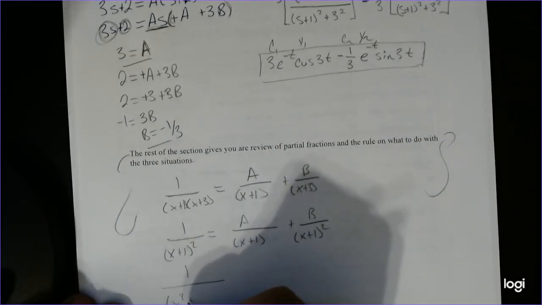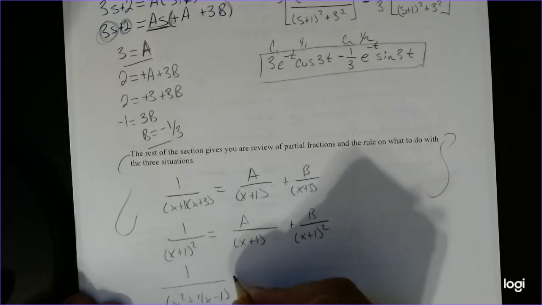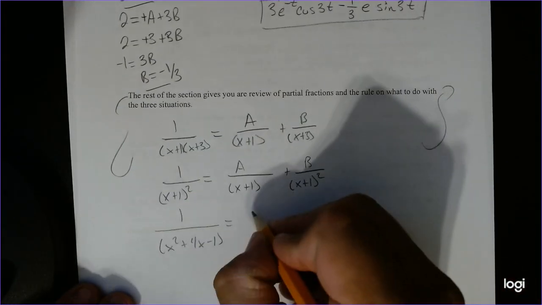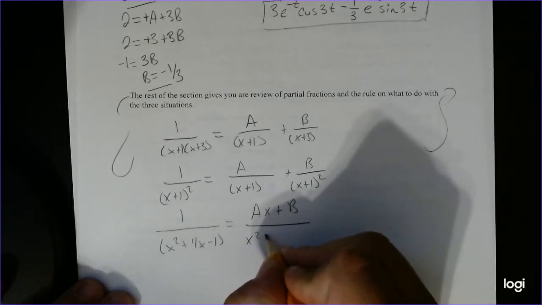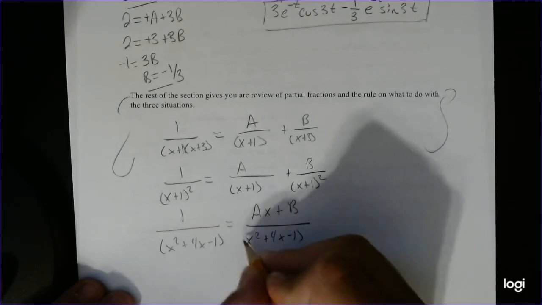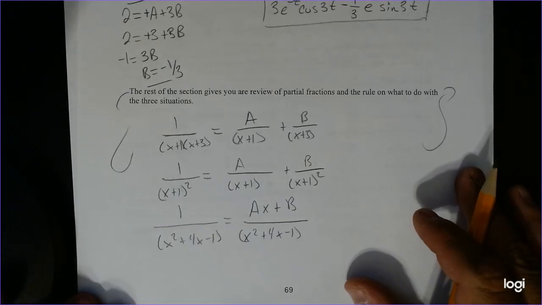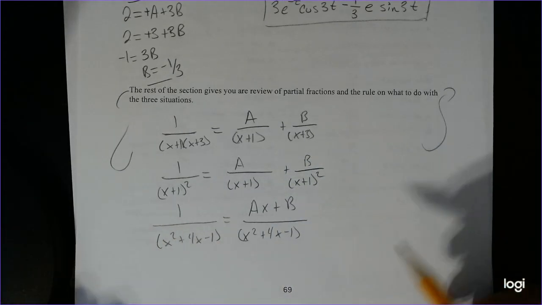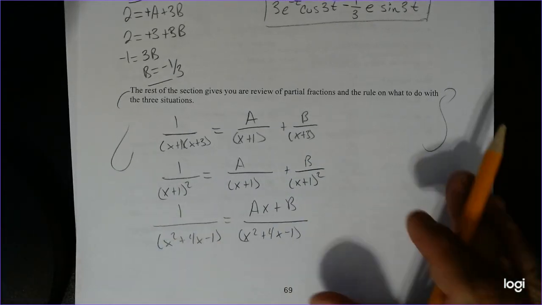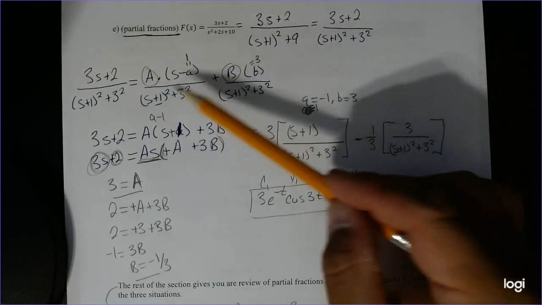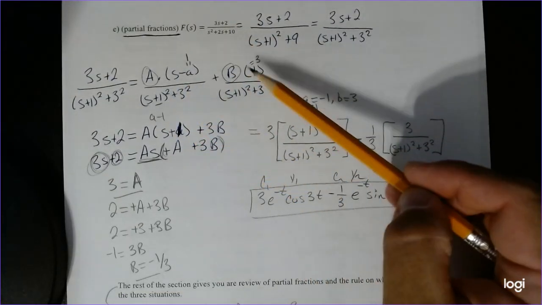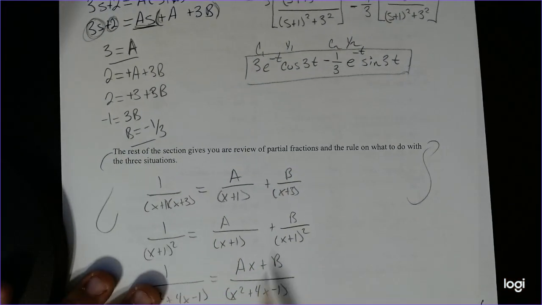So this kind of situation, you get ax plus b over this. And then you can solve for a, b, respectively, just going from the top. So it's kind of like what we had above, right? And it's exactly what we had above. But the best part is we're doing Laplace, so you already know this format here, which is kind of nice.